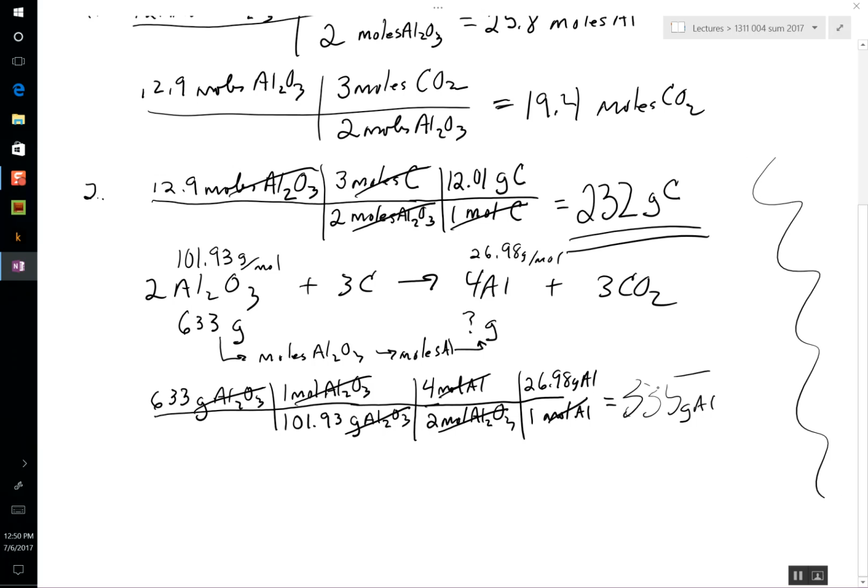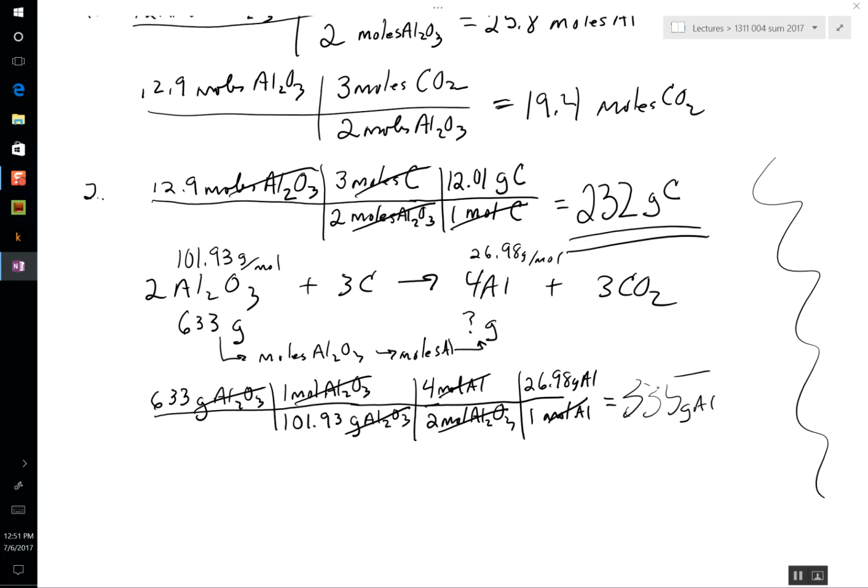335 grams of aluminum. Okay, you could go from grams of anything to grams of anything else. I mean, you could determine how many grams of carbon dioxide would result from this reacting. Now there's an assumption here.